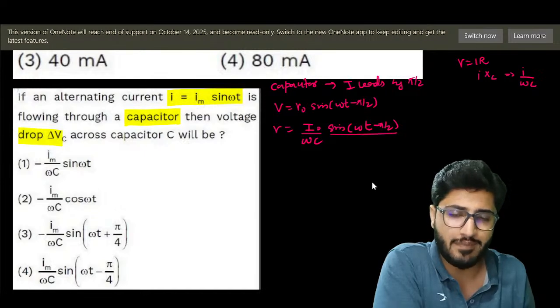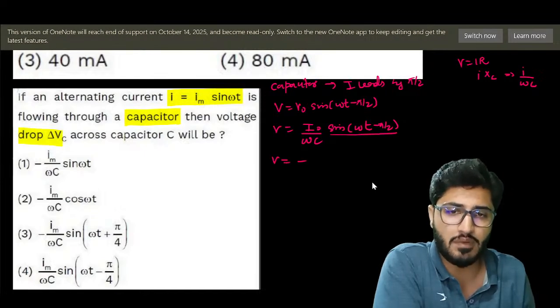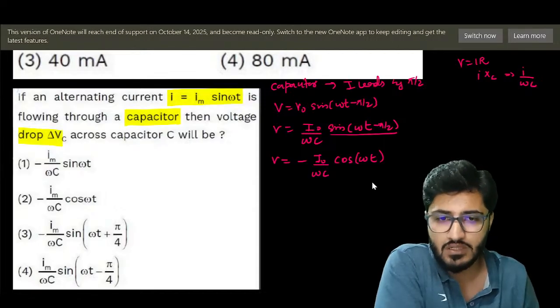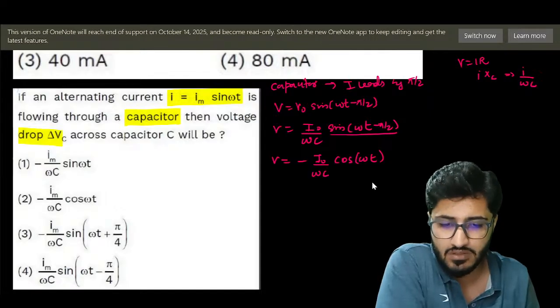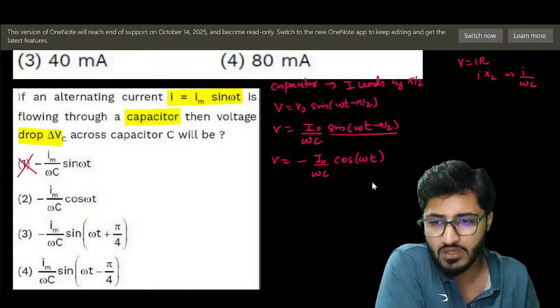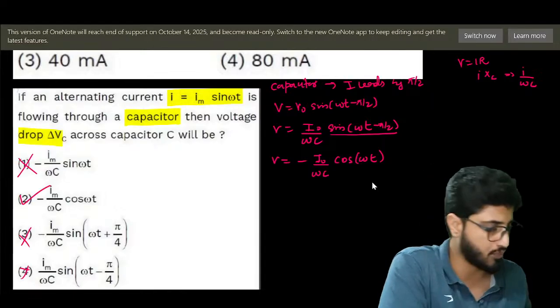Sine omega t minus pi by 2 is minus cos omega t. So V came out to be minus I naught by omega C cos omega t. So which one is correct now? This is wrong. Option second is not correct.